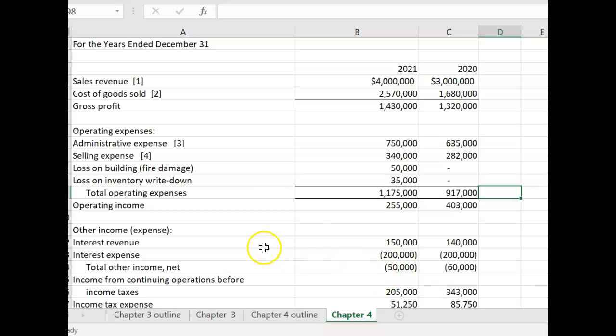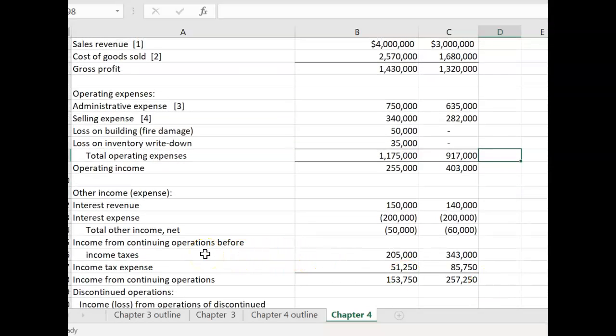So our total other income, this is incidental income, not the specific, does not include income or expenses that are the result of the operations. They are incidental. So we have total other income in 2021, a $50,000 deficit, and in 2020, a $60,000 deficit.